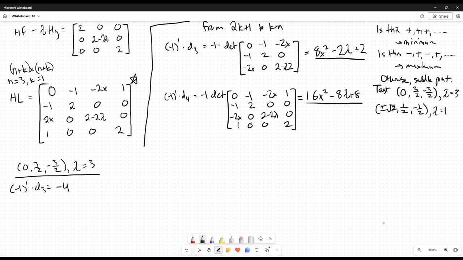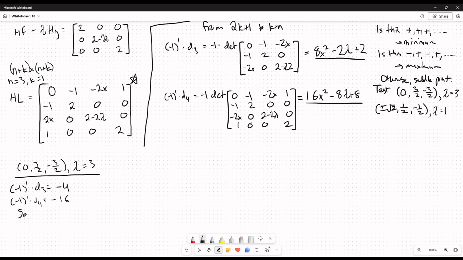So it's definitely not a minimum. Might be something else. And then for the next one, -1 to the 1 times d4. That's going to be 0 minus 24 plus 8. So that's going to be -16. Which tells us this is a saddle point.